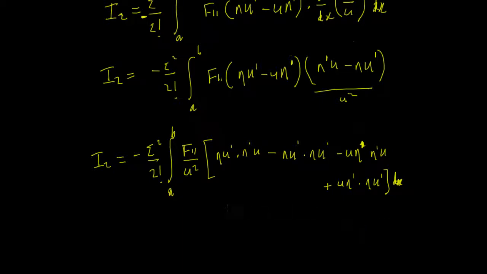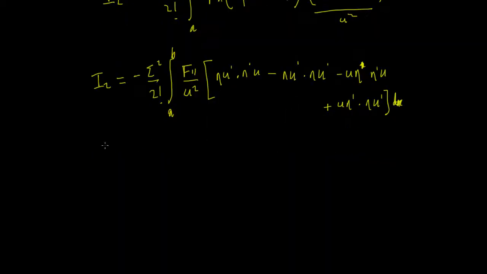Finally, gathering our terms together, we could write that as I2 equals, and we can get rid of the negative sign there by changing the negative signs in there, so we'd have epsilon squared upon 2 factorial integral from a to b of f11 upon u squared.